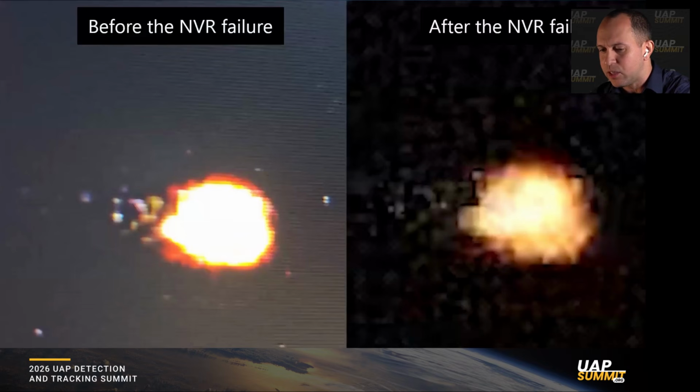This is the image of the phenomenon from when I was recording with my smartphone, and the last one on the right is the original file that was disrupted, where the NVR went offline, and when the NVR started again, the image was very noisy, like the one you can see on the right. So it was able to disrupt the NVR and also change the image to increase noise and decrease quality, resolution, and so on.